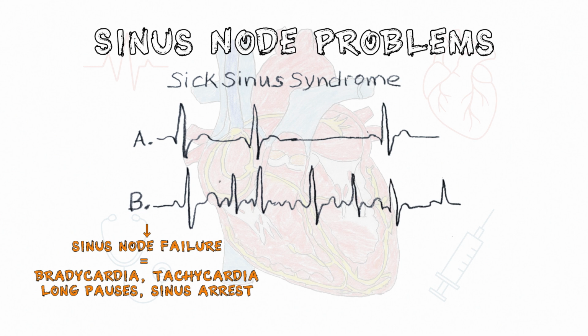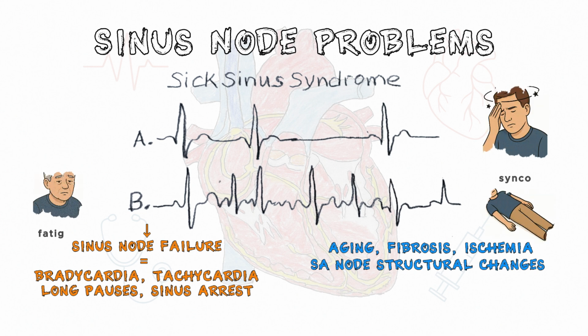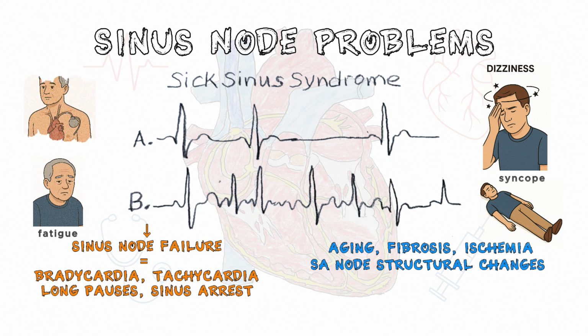Common causes include aging, fibrosis, ischemia, or structural changes of the SA node. Because the rhythm becomes unreliable, symptoms include dizziness, syncope, and fatigue. Long-term treatment often requires a pacemaker, since the SA node cannot maintain a stable rhythm.